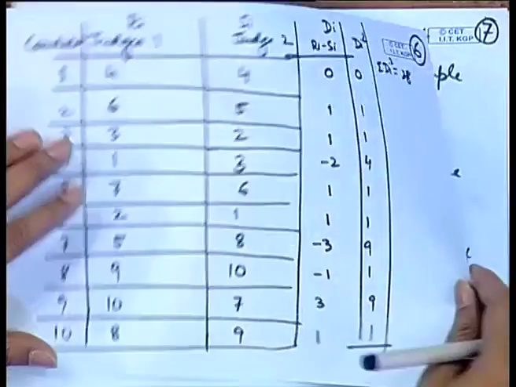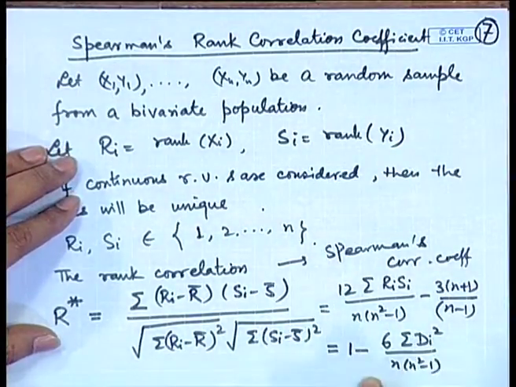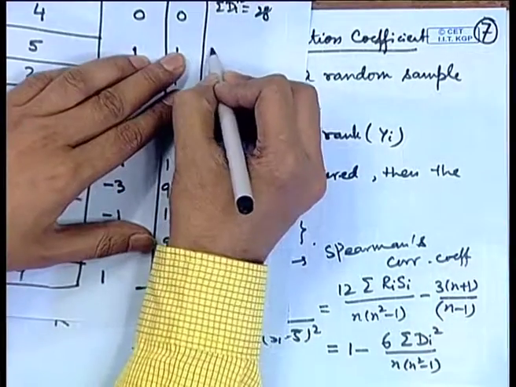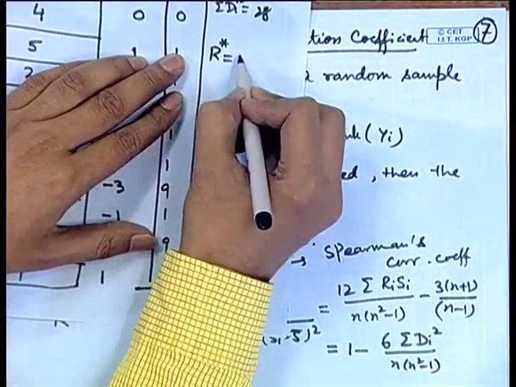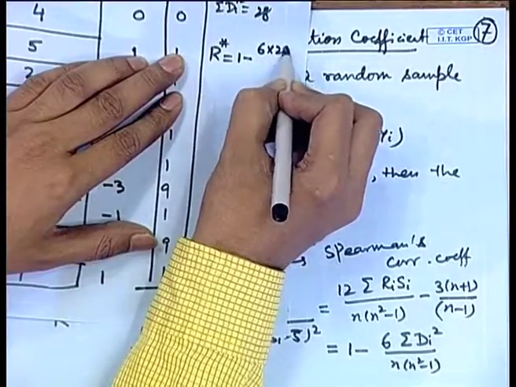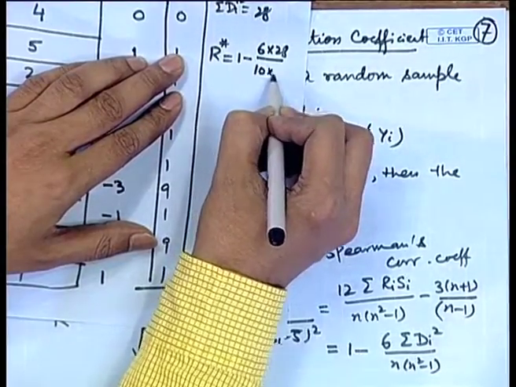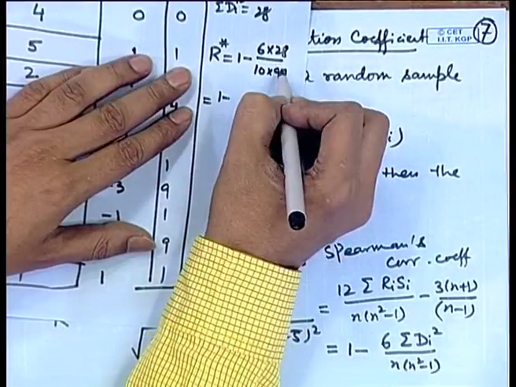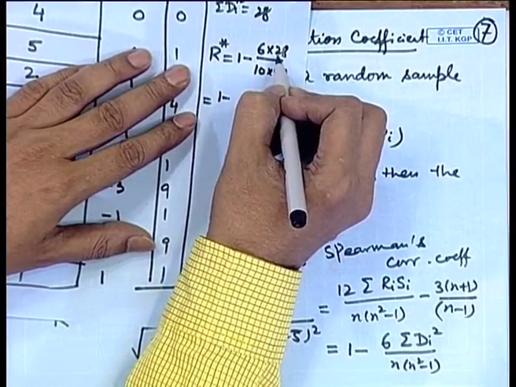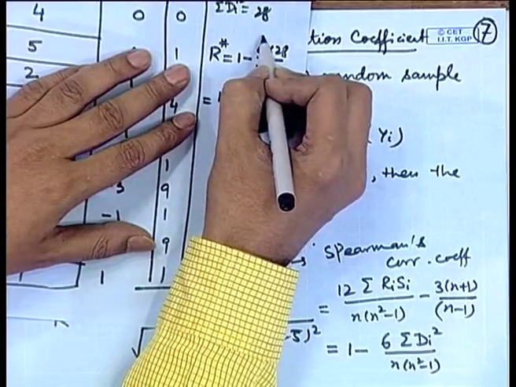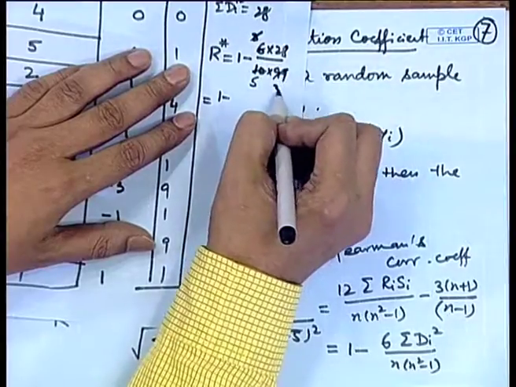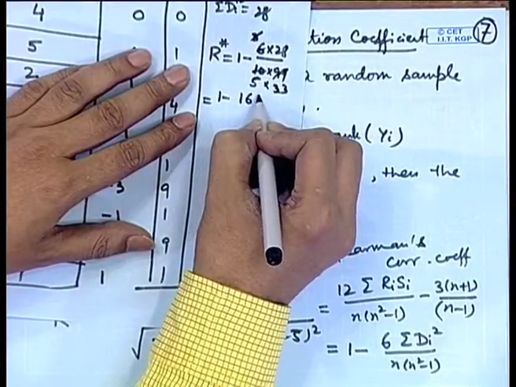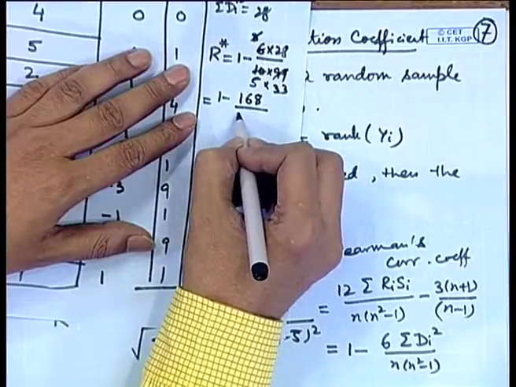Now, if we substitute in this particular formula, that is 1 minus 6 sigma d_i square divided by n into n square minus 1, the value of r star is equal to 1 minus 6 into 28 divided by 10 into 99, which can be simplified a little bit.